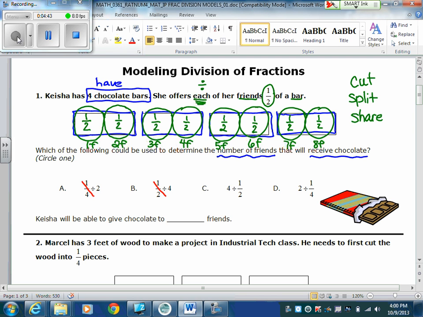C says she has 4 chocolate bars, which this one we agree with. She has 4 chocolate bars, and she's going to give each, or remember our keywords: cut, split, or share. So she's going to take her 4 and cut, split, or share into those halves. That matches our picture because we cut each one into halves or split each one into halves.